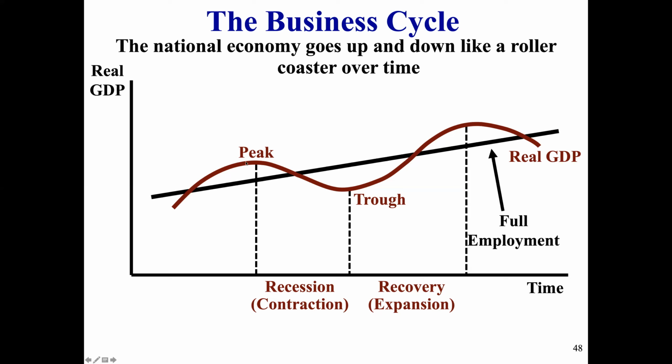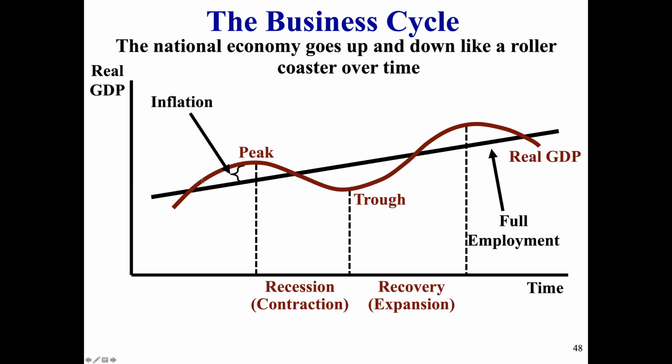And sometimes we're going to go above it, sometimes we're going to go below it, but overall, this is our potential GDP. And when the economy is overheated, you're going to be above your potential GDP and above your full employment output. And then when the economy is in recession, you're going to be below it. But ultimately, that's the trend line growth that any economy can endure.